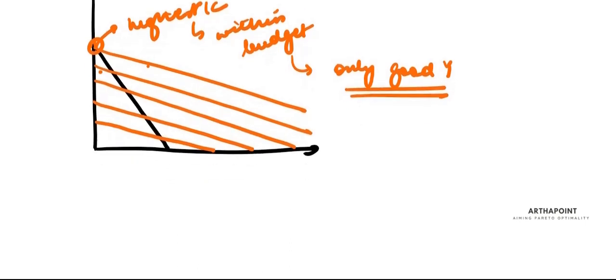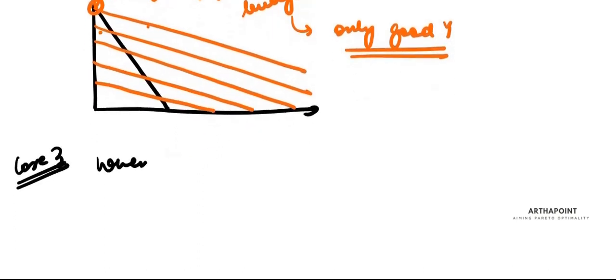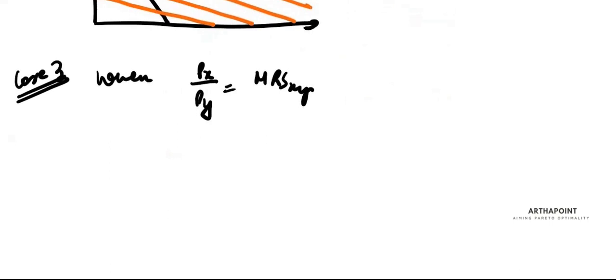Now let's take case 3. Case 3 is what happens when Px by Py is equal to MRSXY. If they have the same slope, then they are the same line. So I am saying that this is my budget line.